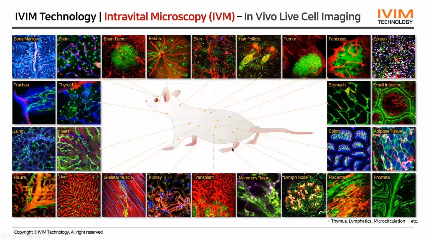In this slide, you can see representative images obtained from the bone marrow, brain, brain tumor as well, retina in the eye, skin, hair follicle in the skin, tumor in the visceral cavity, pancreas, spleen, small intestine, colon, various adipose tissues, prostate, mammary tissue, kidney, heart, lung and liver.